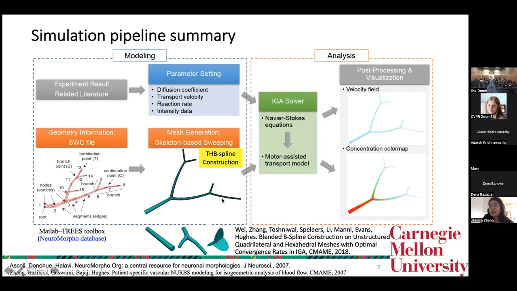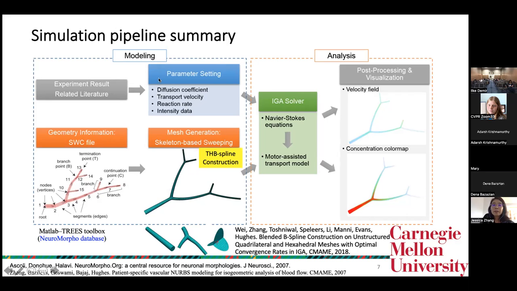And using the hexahedral control mesh as the input, we can build the truncated hierarchical B-splines, which is the spline basis function we use for our isogeometric analysis solver, which means that it is the finite element basis function.